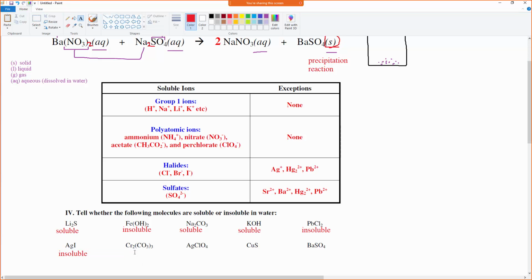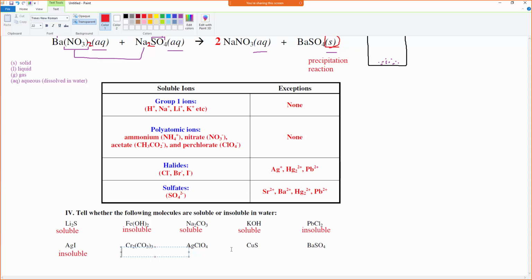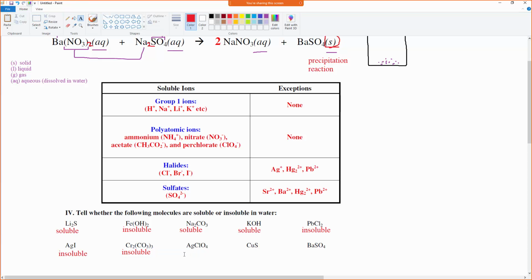Okay, chromium carbonate, chromium 3 carbonate. Insoluble. Why? That's right. Nothing on the table. Neither chromium nor carbonate are on the table. Okay. What about AgClO4?